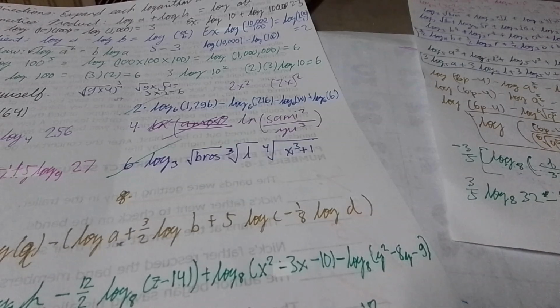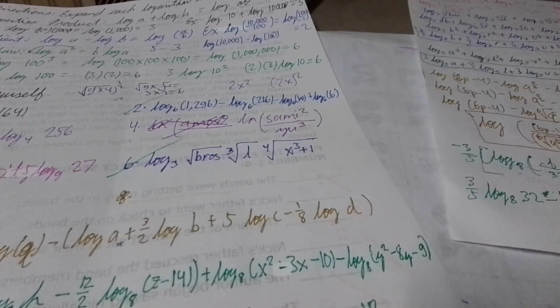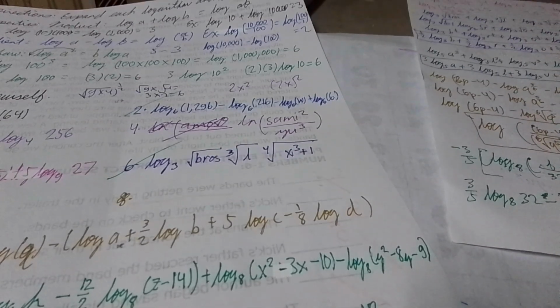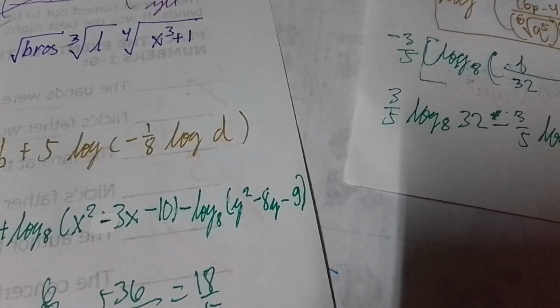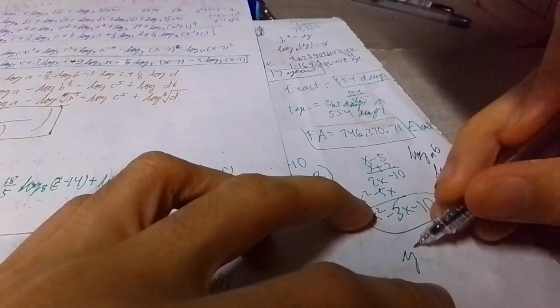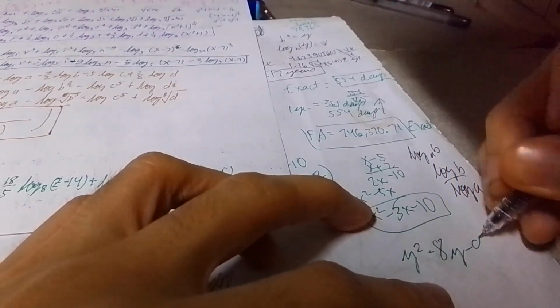Then you can still simplify this further by expanding it. And then we have minus log base 8 of y squared minus 8y minus 9. So now we have to do the factoring principle again. We have y squared minus 8y minus 9.